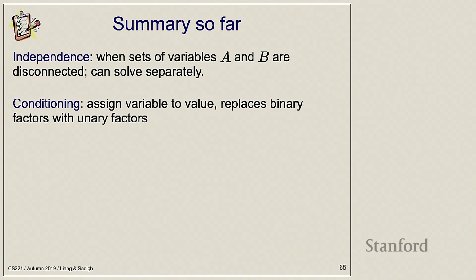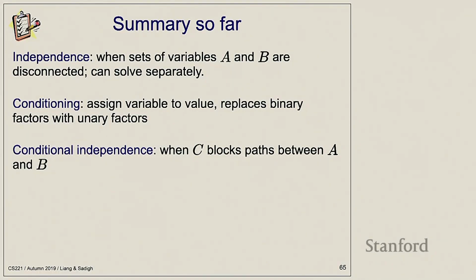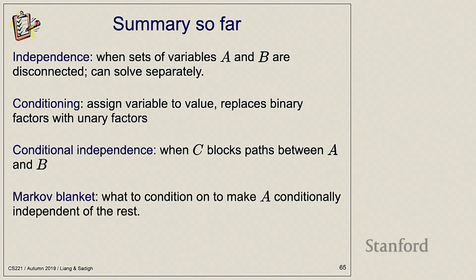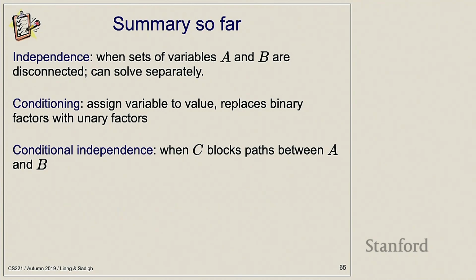Conditional independence is when you have 2 blocks in your graph, and if you condition on one part of your graph, then if you rip that out, these 2 become separated. And then a Markov blanket is saying, OK, I want to make my variable an island. What nodes do I have to destroy to make it an island?